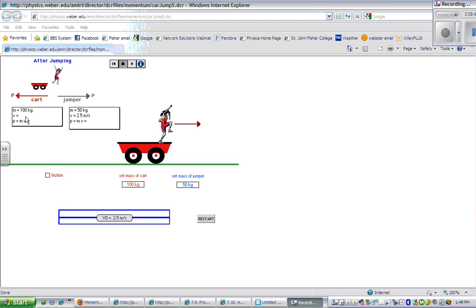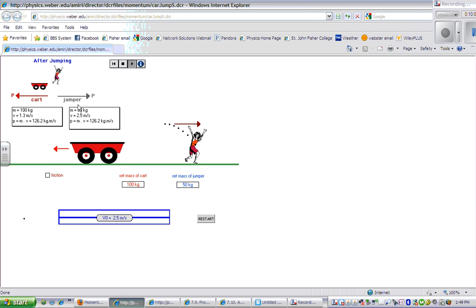See if you can calculate what the velocity of the cart has to be in order to make the momentum after 0. Pause the video and try that. And here's our answer. They say here it's 1.3 meters per second, but you should actually end up with an answer of 1.25 meters per second.